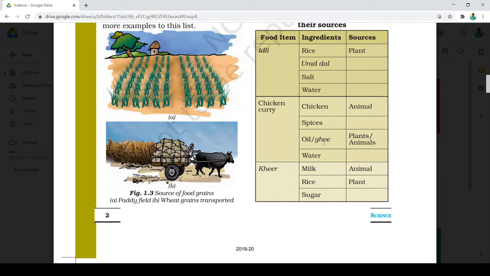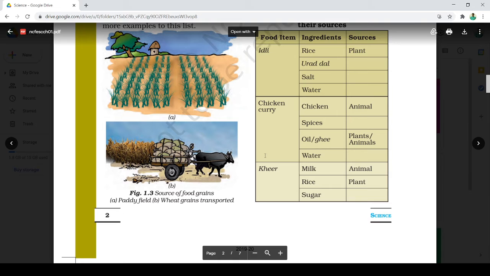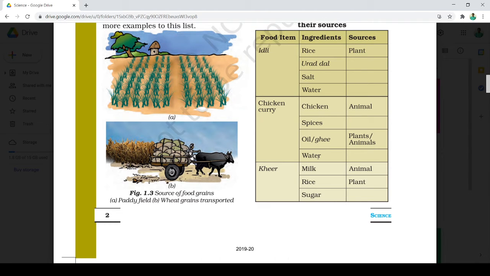Oil and ghee come from both plants and animals. From plants we get mustard oil, then groundnut oil, etc. From animals we get ghee. Water, as you know, comes from the high mountains and hills.